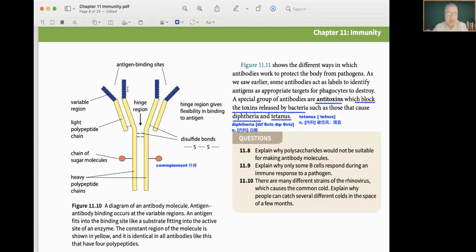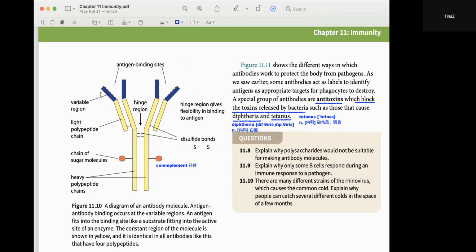As to the antigen binding sites, now in deep blue, and the yellow is the polypeptide. So what are the antigen binding sites in the deep blue color? They are glycoprotein, right?